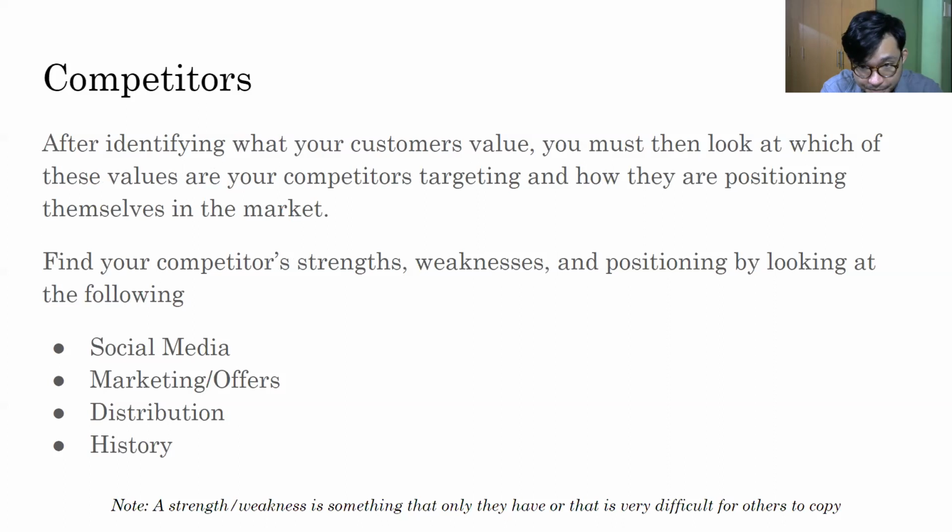One thing that you have to note when you're looking at the strengths and weaknesses of your competitors or even yourself is that a strength or a weakness is something that only they have or that is exclusive to that competitor or to yourself, and that is very difficult for others to copy. By exclusive, it's kind of like they have a huge advantage over the other people in this specific aspect.